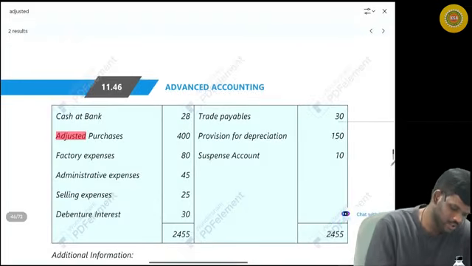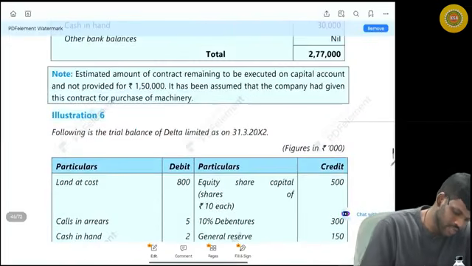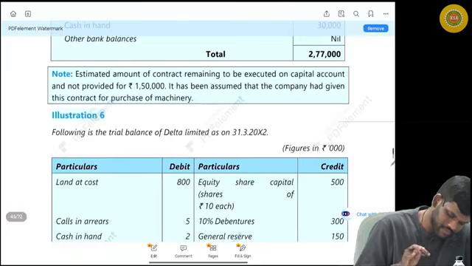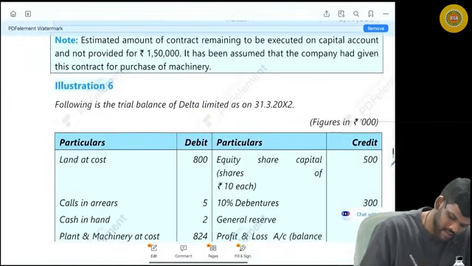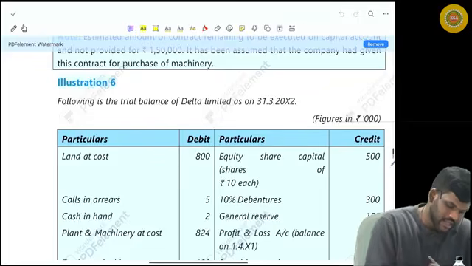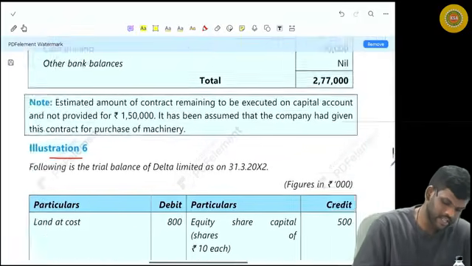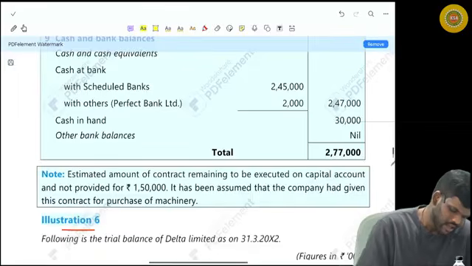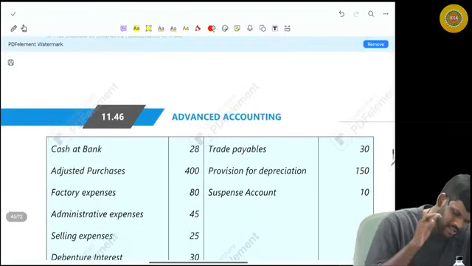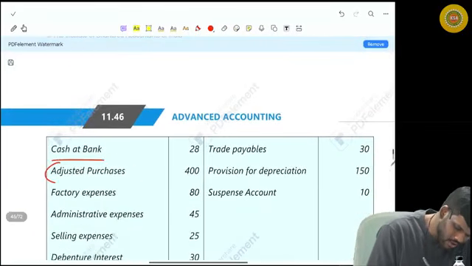This is in your illustration 6, on page number 11.45.